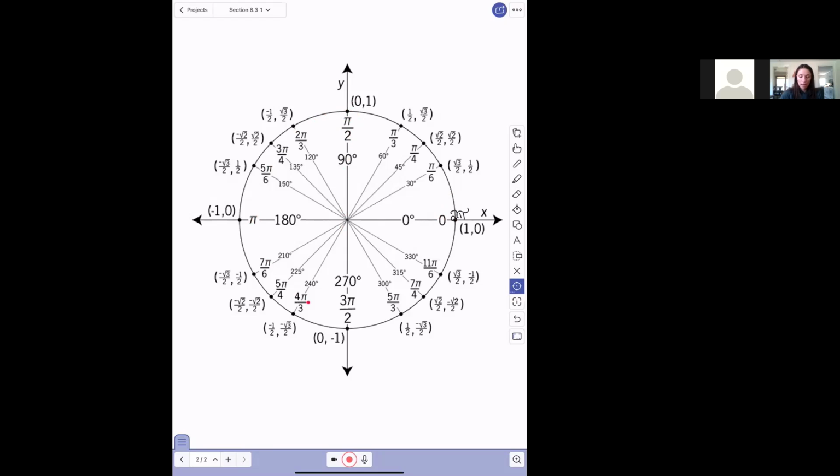Similarly, if we go from pi to 2 pi, that halfway mark is 3 pi over 2, 3 halves of the pi. Okay, right? 1/2, 1/2, 1/2, that's 3 halves of my pi. Any questions there? So now we understand the degrees of everything and the radians on the main axis.